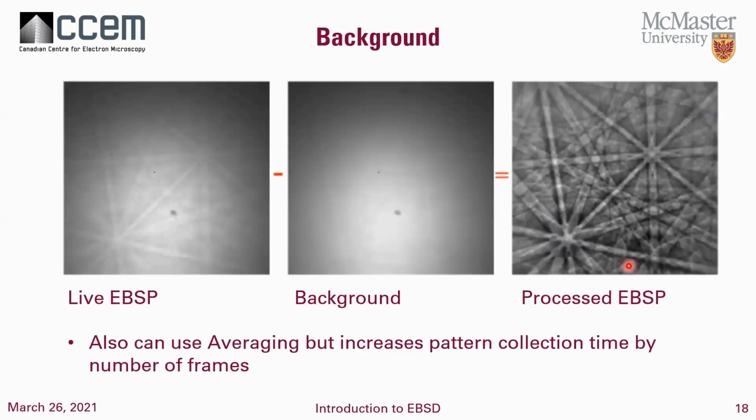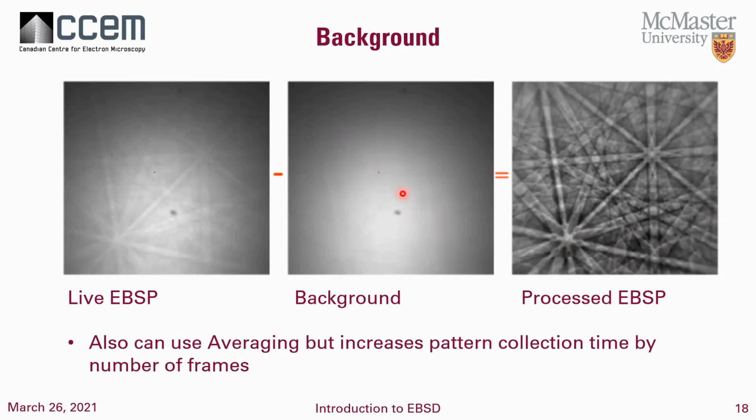Now, when we're doing collection, the pattern itself may not be terribly great from the camera. So in the live pattern, we may also see some artifacts from the phosphor screen. And we want to subtract a background in order to get a much clearer pattern.